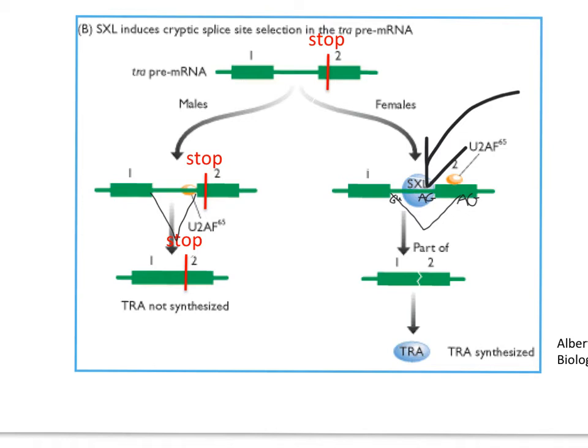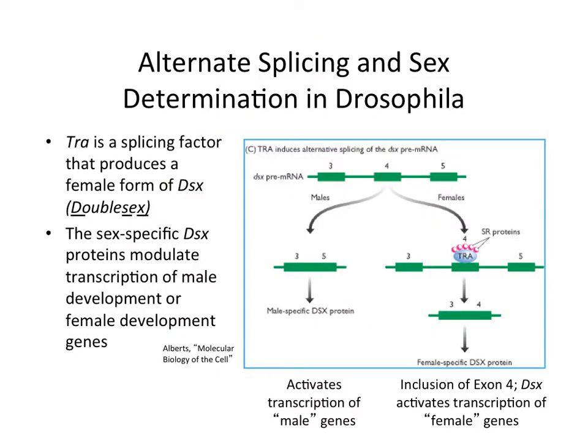Guess what process TRA is involved in? Nobody? More splicing. TRA is also involved in splicing. So if you're female and you've got that TRA protein that's been produced, now here's something we haven't talked about before. What does TRA do? It's still an mRNA binding protein. Here it is. It binds to exon 4, but in this case, binding happens in the exon.